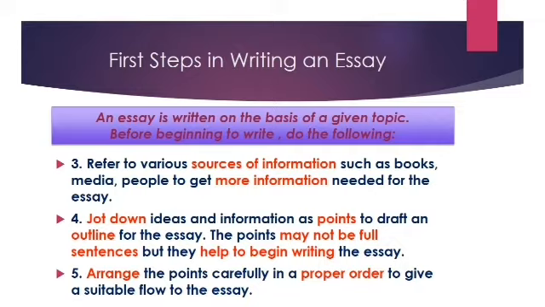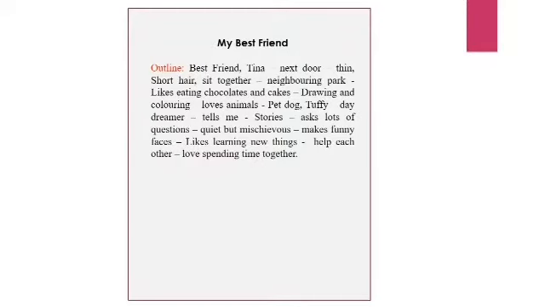Let's jot down points for the essay, My Best Friend. Outline. My best friend, Tina, next door, thin, short hair, sit together. Neighboring park, likes eating chocolates and cakes. Drawing and coloring.